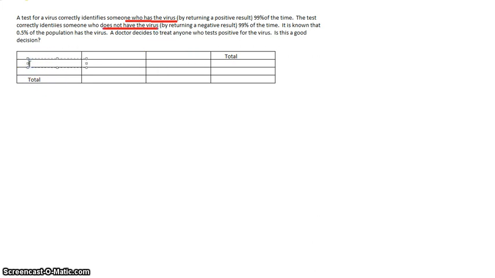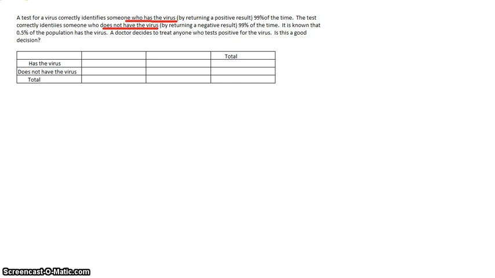So I'm going to go ahead and put it here. So I'm going to put in those who have the virus and does not have the virus. So, those are going to be the two pieces of part of our chart.